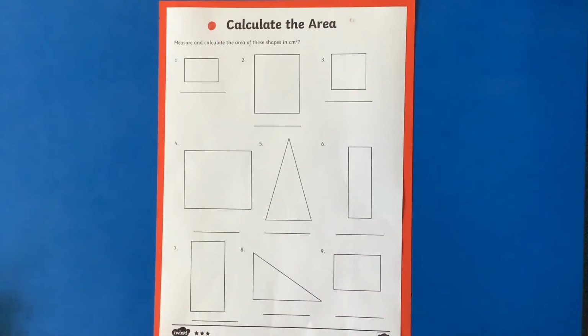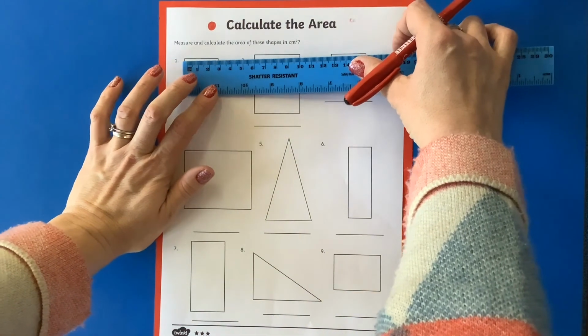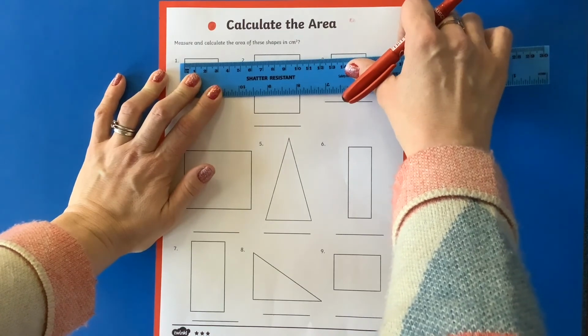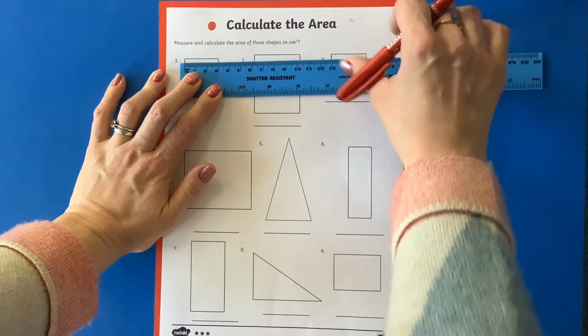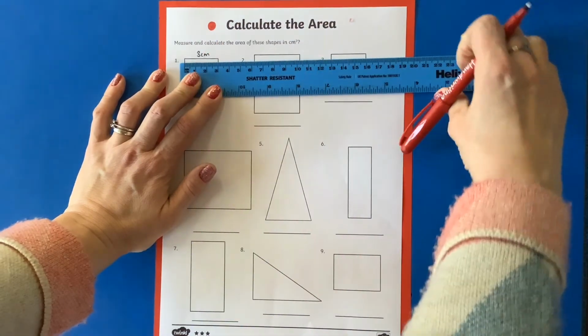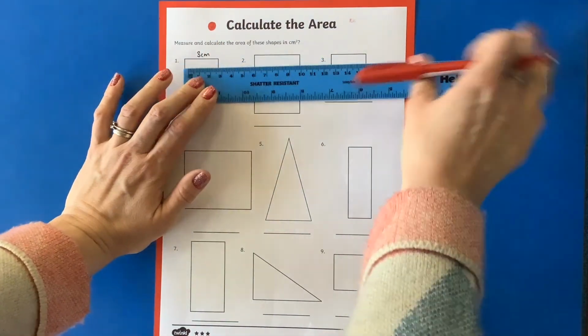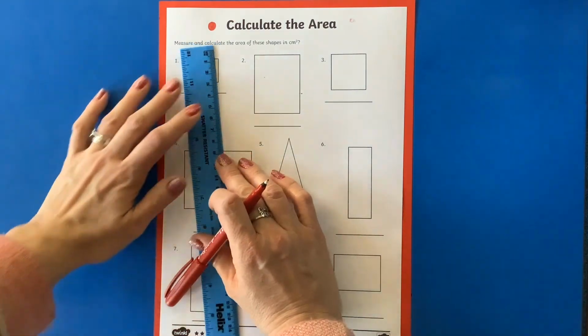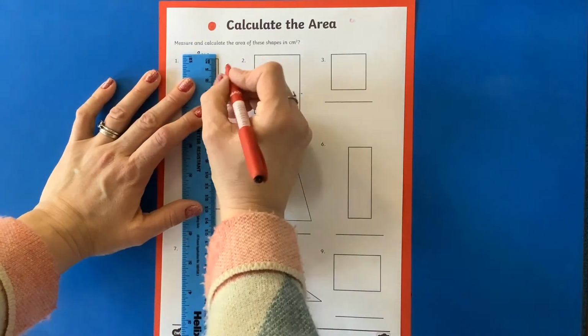You're going to need your ruler for this sheet, so it's going to help you with your measuring skills as well. So I'm going to measure the 2 sides. That one's 3. That one's 2.